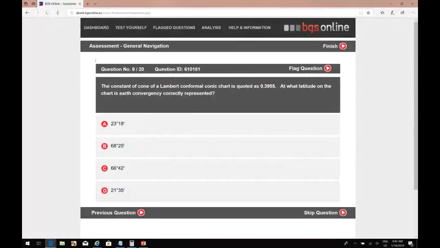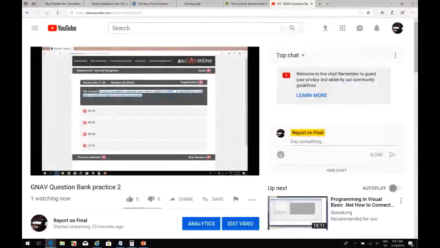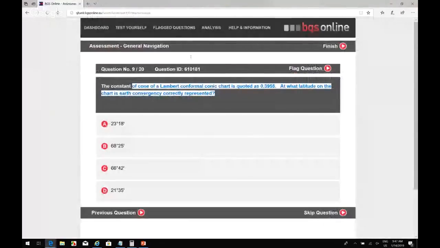Good. The constant of the cone of a Lambert conformal conic chart is quoted as 0.3955. At what latitude on the chart is Earth convergency correctly represented? Okay, let's see. If I was to say sine 23 degrees 18 minutes, that's 0.3955.